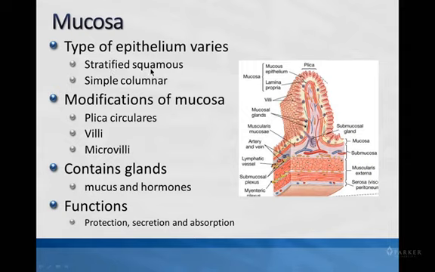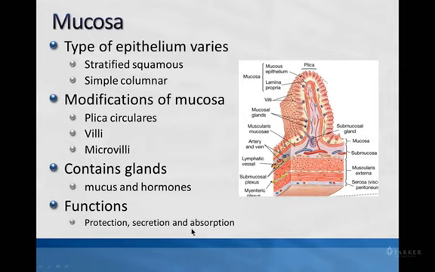Anywhere you have stratified squamous, it's for protection purposes. Secretion. If you have the glands, it's going to secrete various things for the GI tract. Mucus helps to move things down a little bit better. It's a kind of lubrication. It also does serve a protective role.